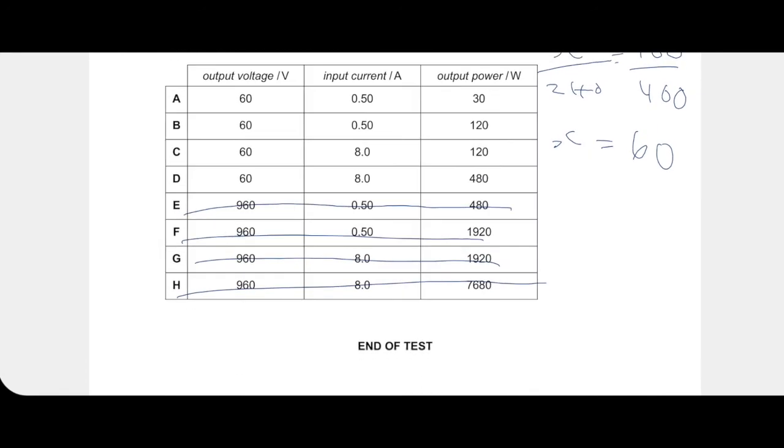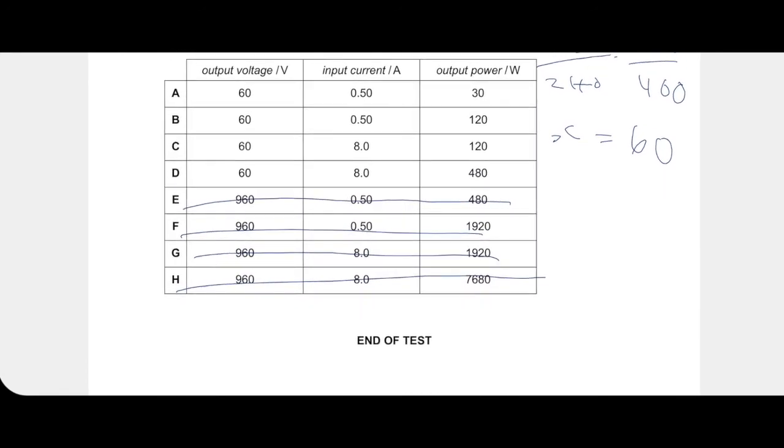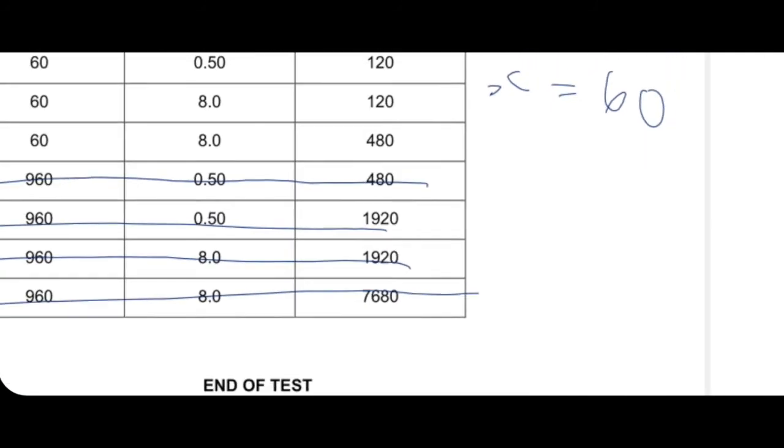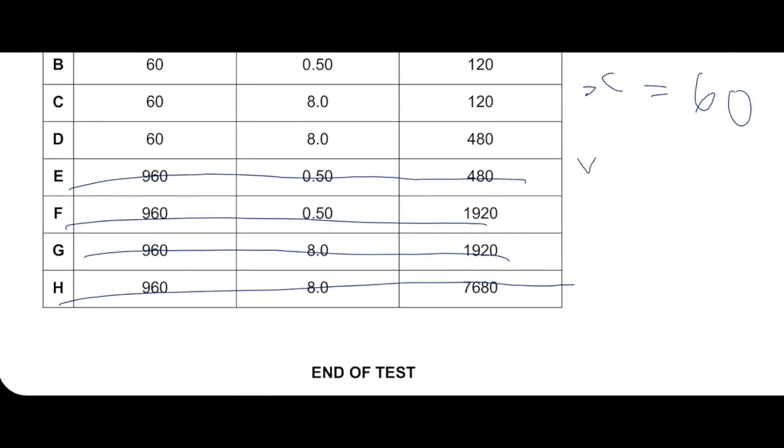Now, we could work out the input current. And we are going to use the formula Vp times Ip is equal to Vs times Is. See how everything, all the primaries are on one side, all the secondaries are on the other side. Remember that.